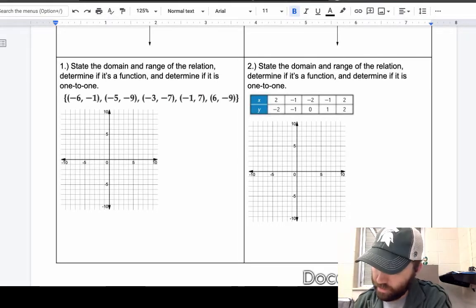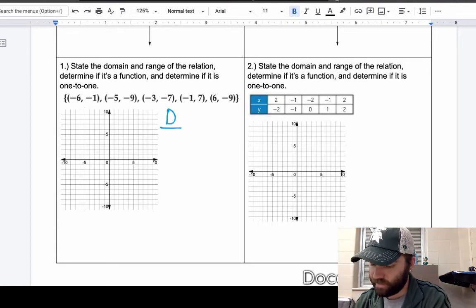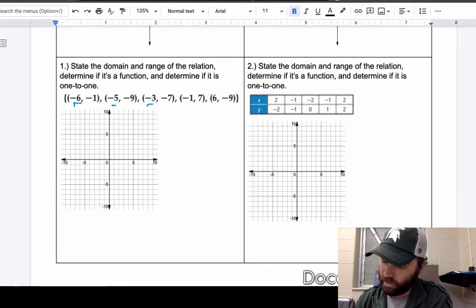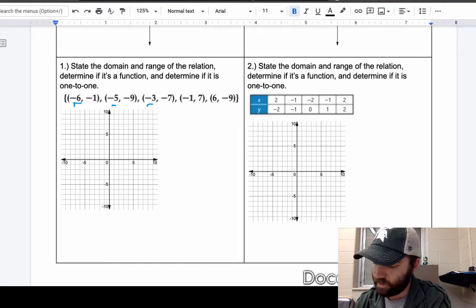So the domain here, whoops, that's a line. Try again here. So the domain is going to be just taking the x values here. So -6, -5, -3. I should probably write this out nicer. Typically, you're going to write it like this.